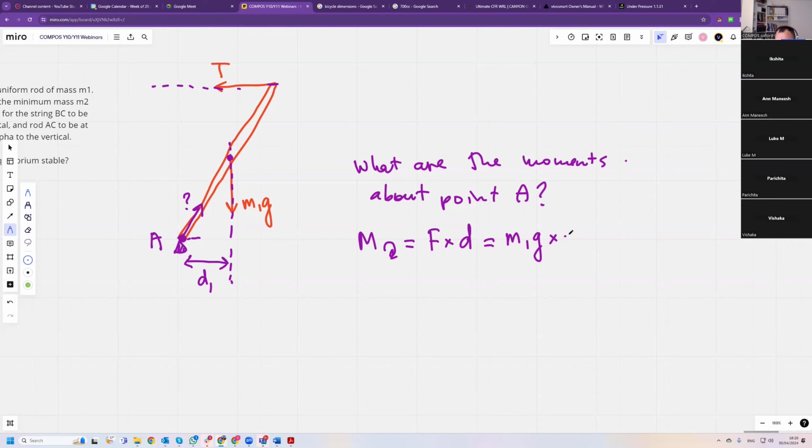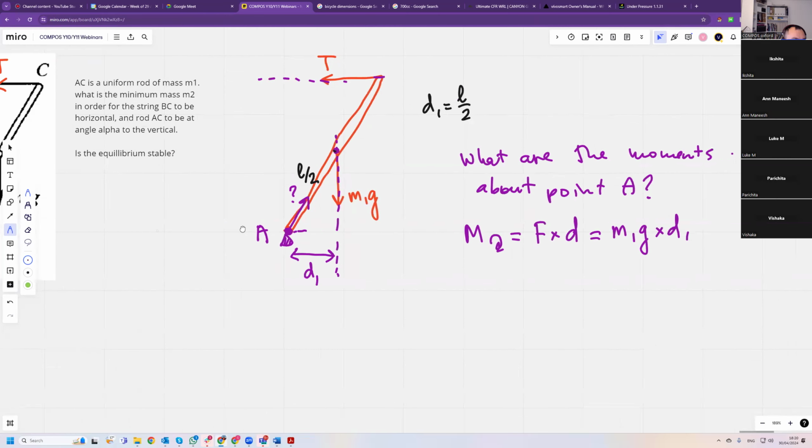So it's D1. And we can see that D1, if this side is L over 2, because the length of the rod is L, then D1 is L over 2. Do we have an angle?